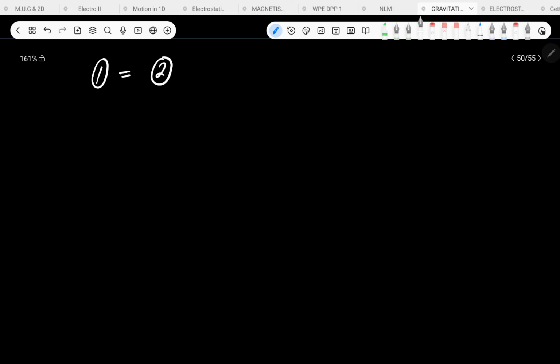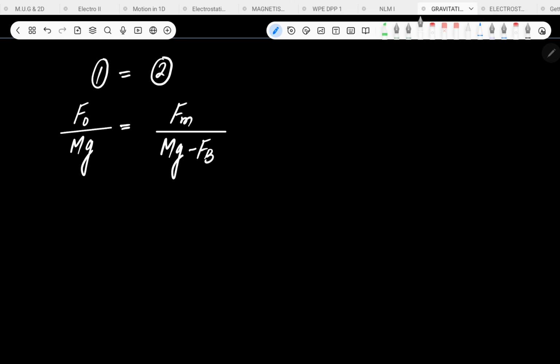Now equation number first is F naught divided by mg, isn't it? And equation number second is Fm divided by mg minus the buoyant force. Let me put some values here. I will replace this F naught by F naught. You know that mass is equal to density into volume, because density is defined as mass per unit volume.